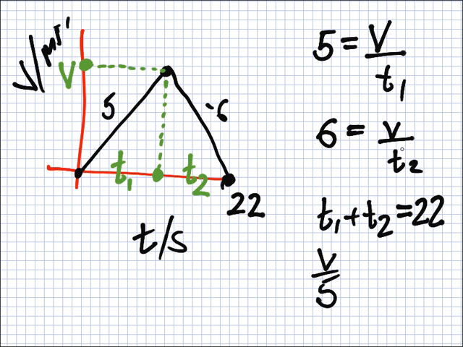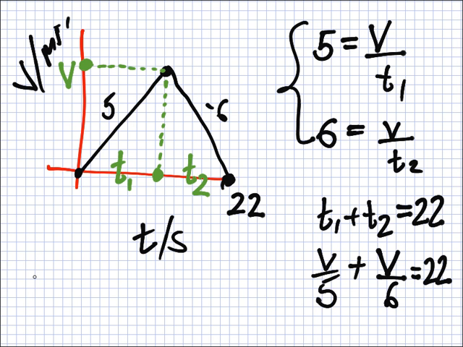And what would T2 be if I use this? V over 6. Just by using this. Yeah? And that should equal 22.